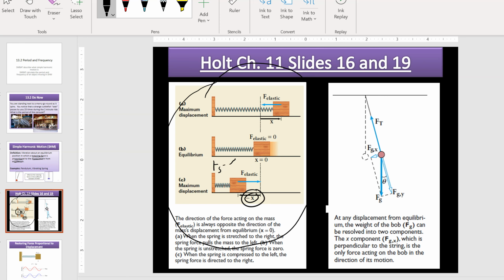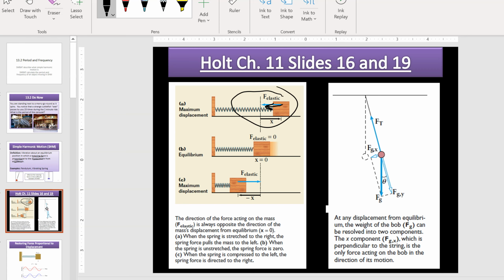And if that is true, then you have yourself simple harmonic motion. It has to be a proportional thing. So we can see pretty clearly with the spring how the further away from equilibrium you get, the stronger the force is. The force is pulling you towards equilibrium, and here the spring is pushing you towards equilibrium. That's why it goes back and forth.